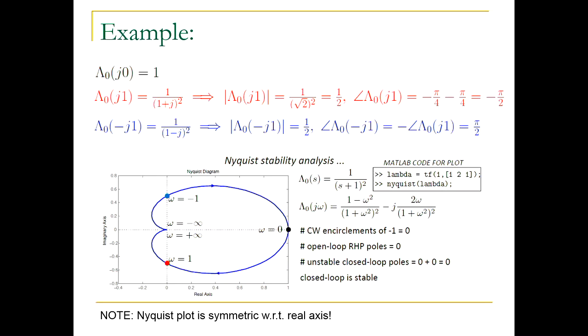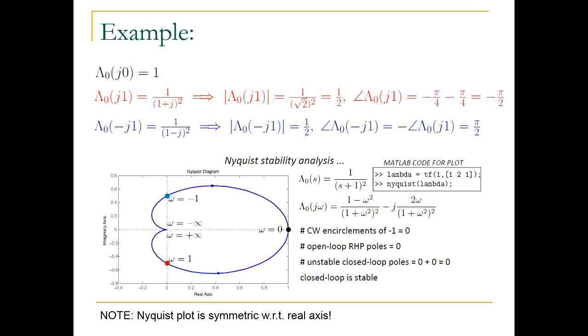By the way, this plot here is generated by MATLAB. Know that MATLAB gives you an arrow on this plot. What does the arrow indicate? The arrow tells you in which direction omega grows from minus infinity to plus infinity. Because this plot has a parameter, omega, and omega will change from minus infinity to plus infinity.